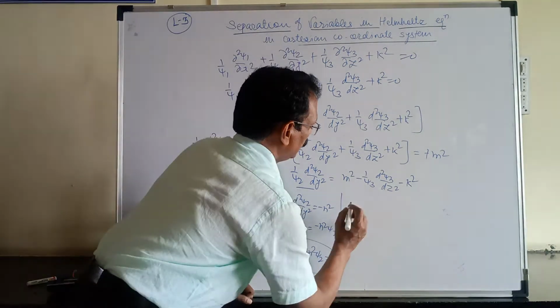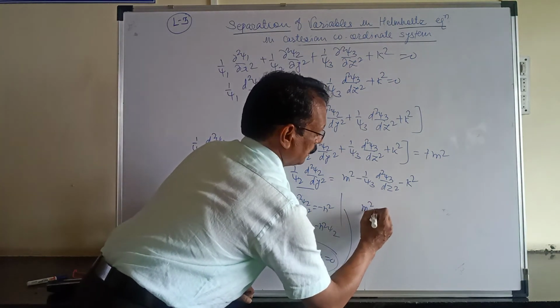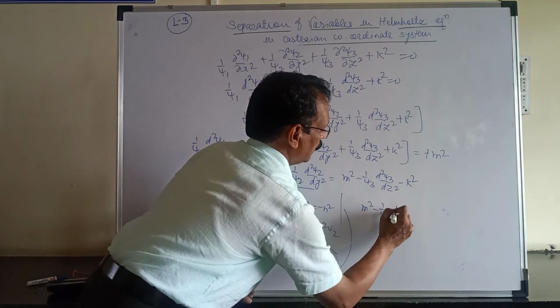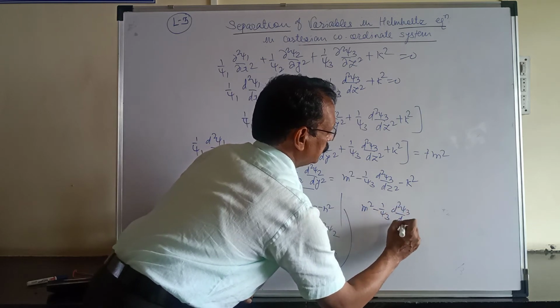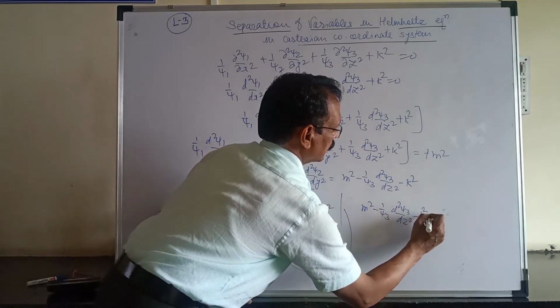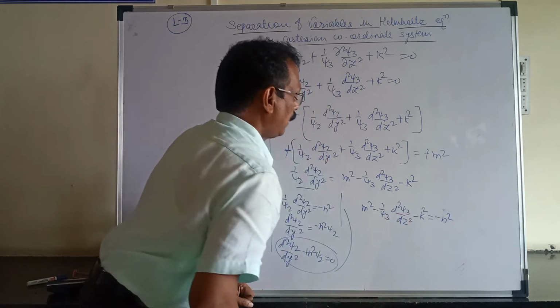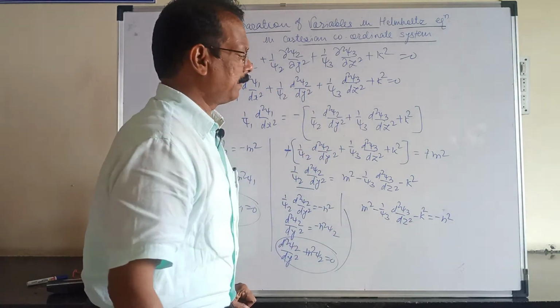So we get m² - (1/ψ3)(d²ψ3/dz²) - k² = -n². Now multiply every term by minus sign.